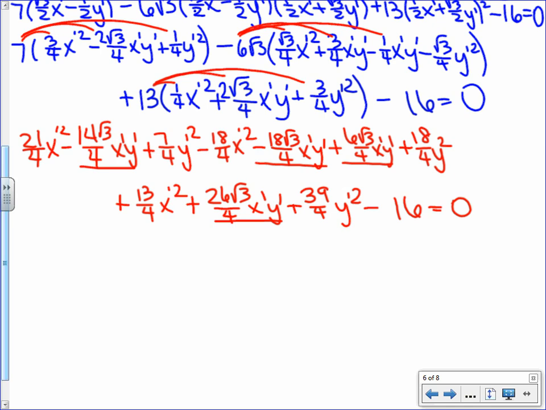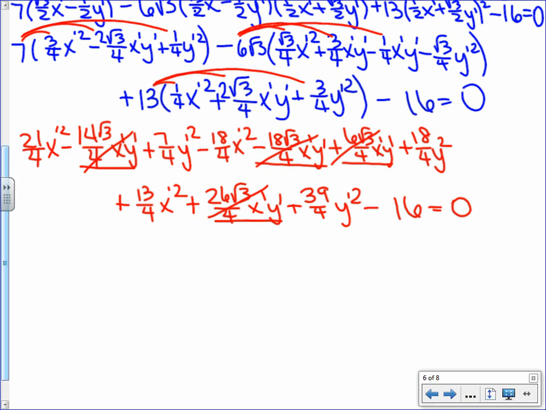So let's work with the numerators. Negative 14 minus 18 plus 6 plus 26. Is that 0? Then those are gone. Yay! That's exciting, right? All right, let's combine our x squareds.